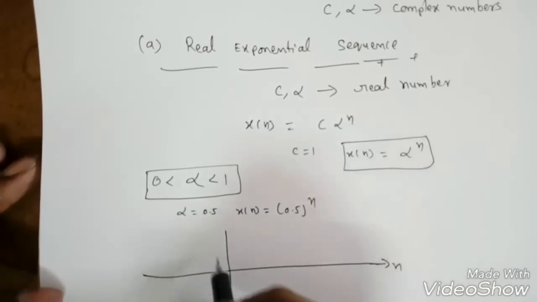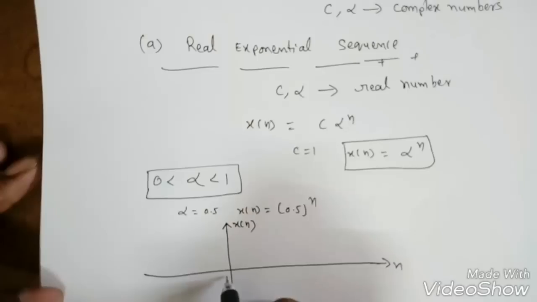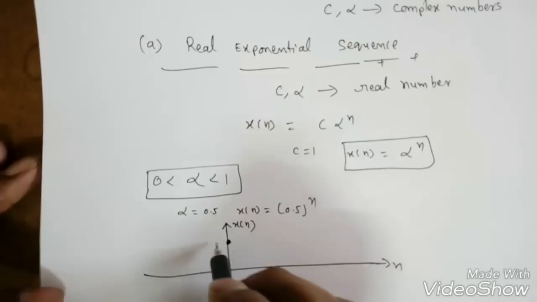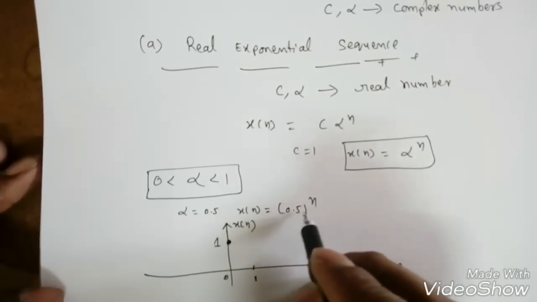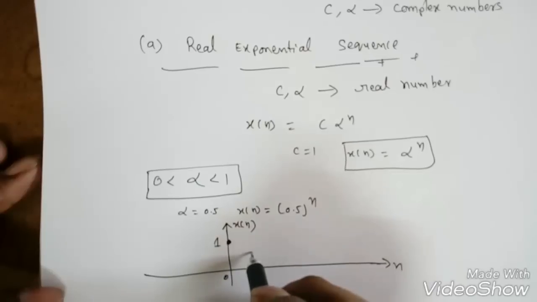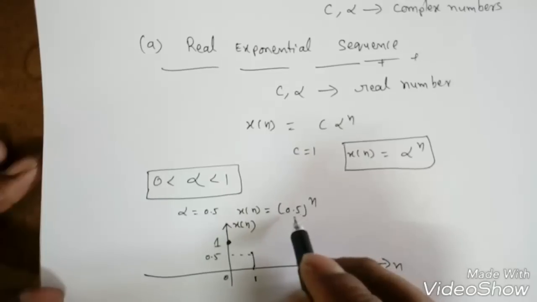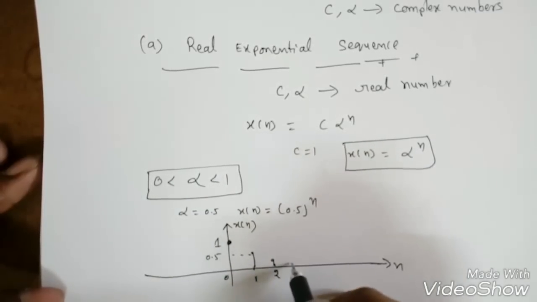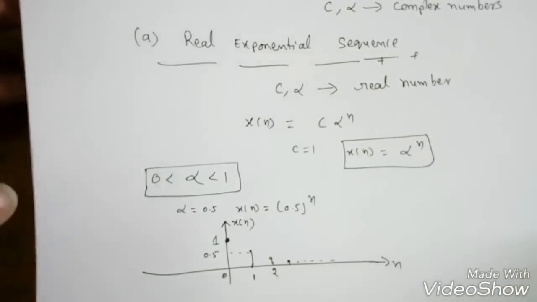This is n and this is x of n. If n is equal to 0, 0.5 power 0 we will get as 1. If n is equal to 1, we will get 0.5. Next is 0.5 squared, so it will be a decreasing function, right? It is an exponentially decaying function when alpha is between 0 and 1.